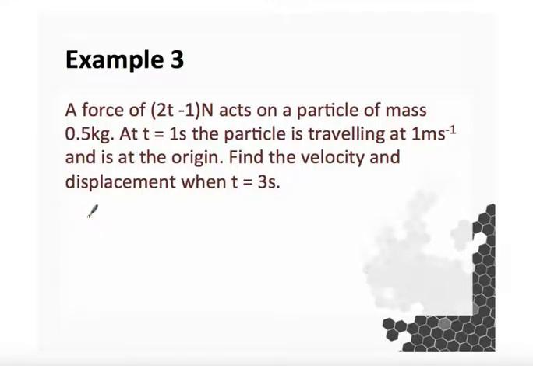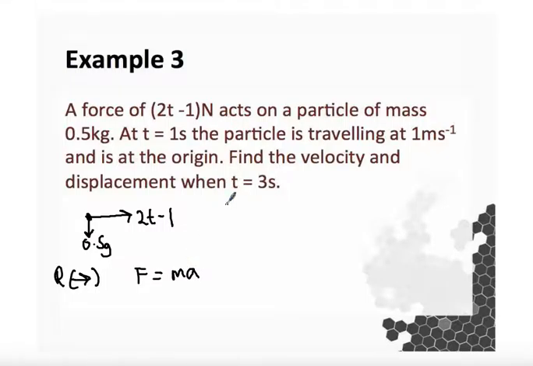So if we consider this particle, here's my particle, has a mass of 0.5 kg, and there's a force of 2t minus 1 newtons acting on it. So if I was to resolve horizontally using Newton's second law, F equals ma, then I form the equation that 2t minus 1 equals 0.5a.